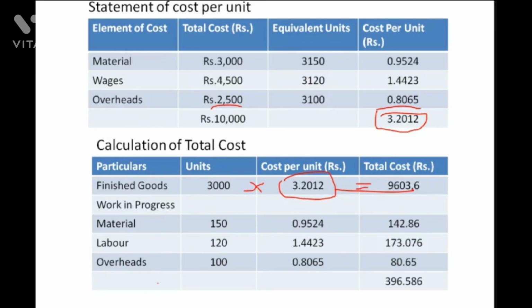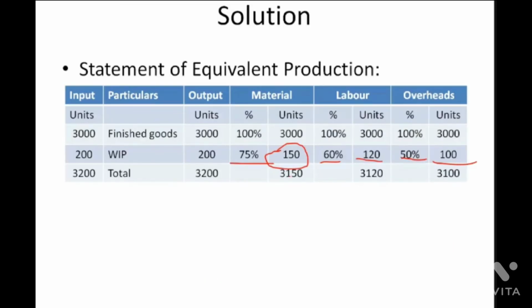In the same way, the same thing is not possible in work in progress, because in work in progress the units for material, labor and overhead are different, and that's why we will need to calculate the total cost for every element of cost separately. You can see that in finished goods there are 3000, 3000 and 3000.